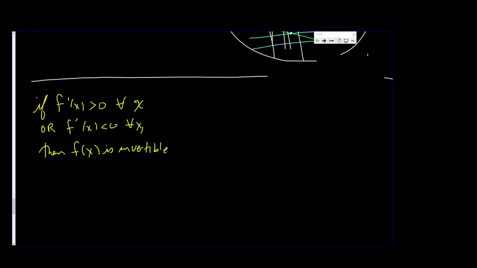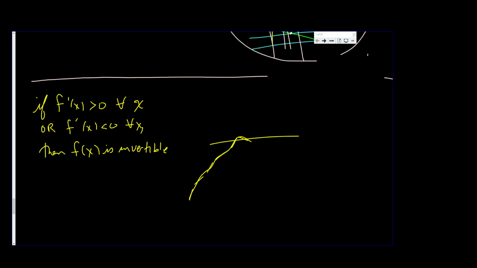Now, I want to just show one more thing. Maybe I didn't do it so well. So, you have a positive slope, a positive slope, a positive slope, a positive slope, a positive slope. But then you have a negative slope. Then you have a negative slope. Well, the graph had to be going down.